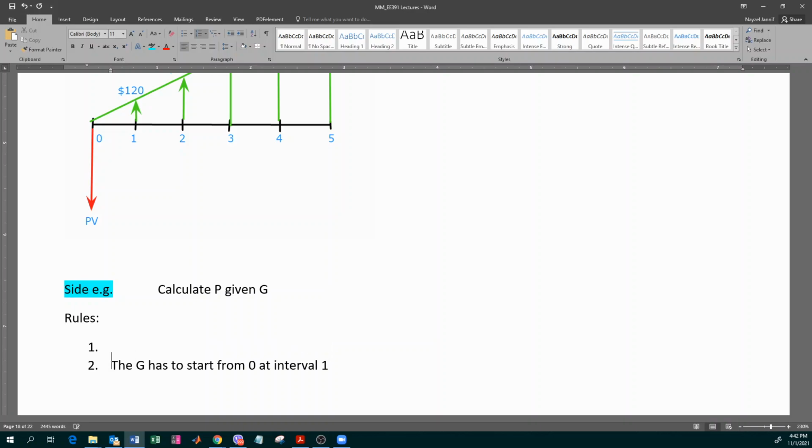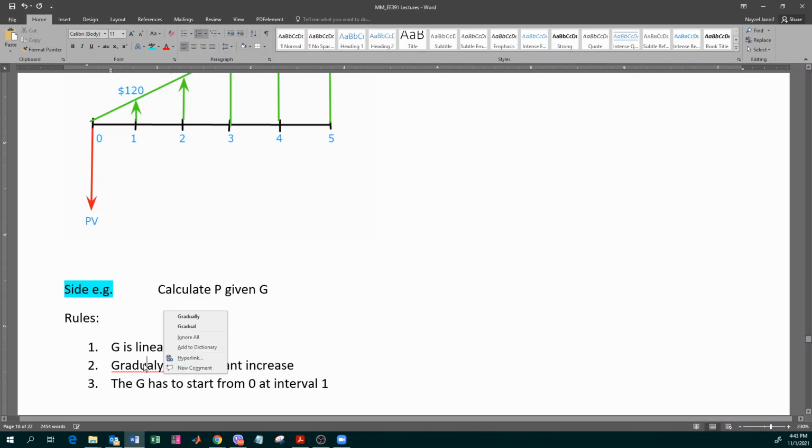Yes, G is linear. You're right, Amit. It's supposed to be linear. There has to be a gradual and constant increase. You can't increase by $200 one round and then $300 another round.